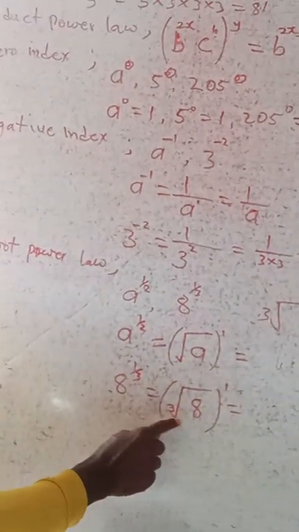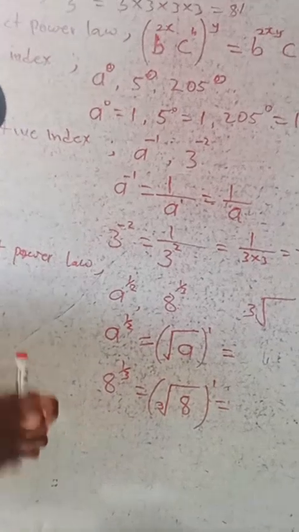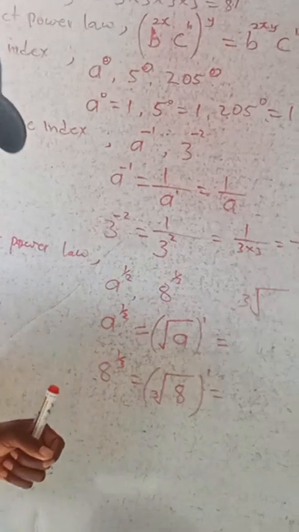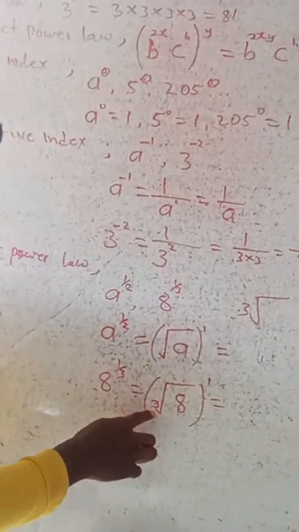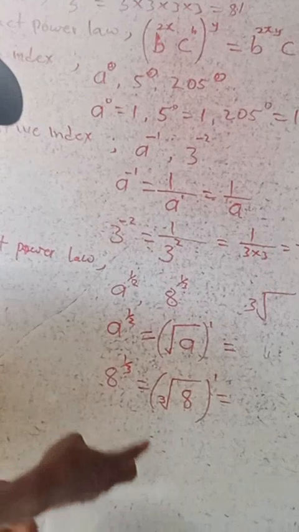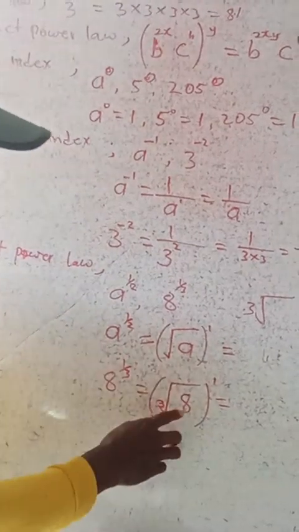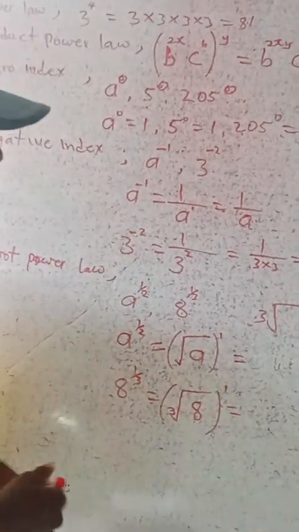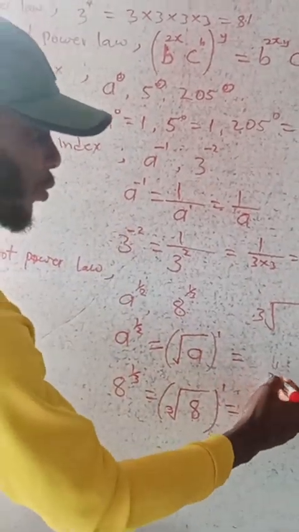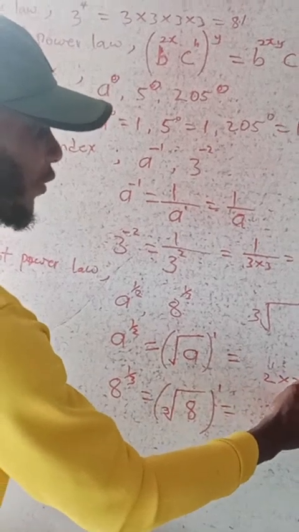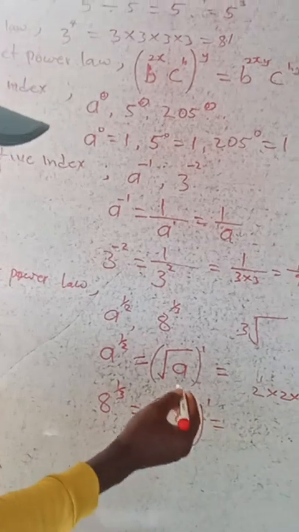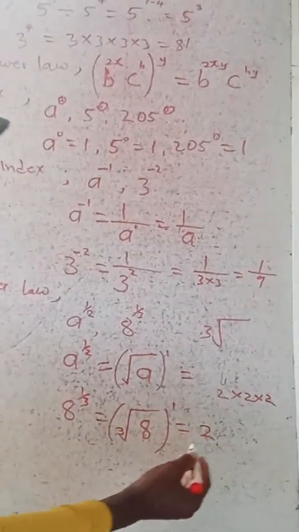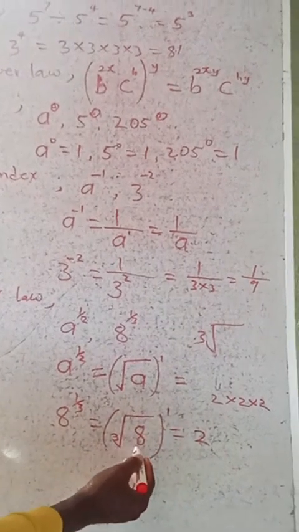Third root of 8 means what number can multiply itself 3 times to give you 8? If you think it's 2, it is 2 that will multiply itself 3 times to give you 8. So the answer is 2. The third root of 8 is 2.